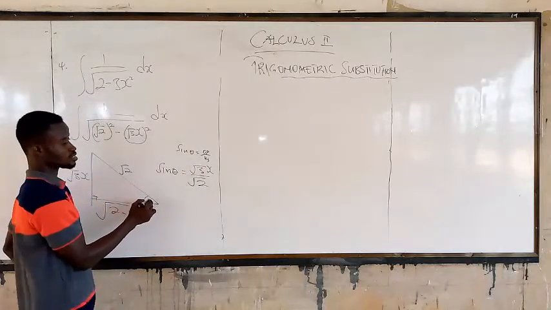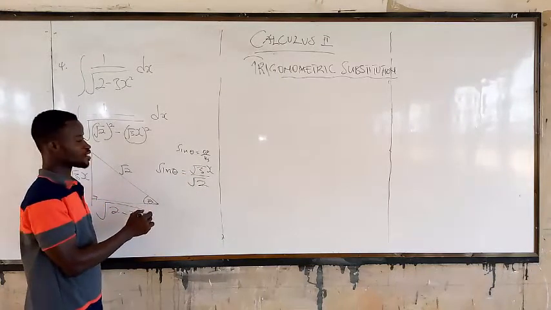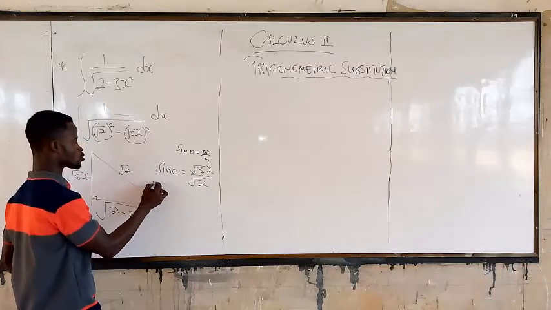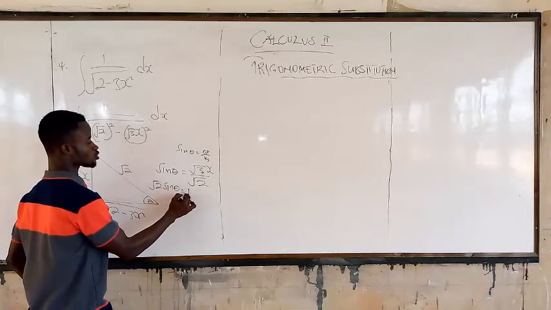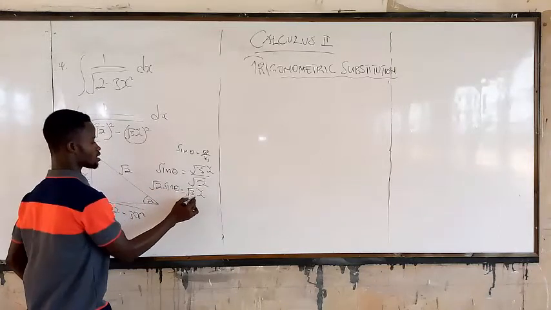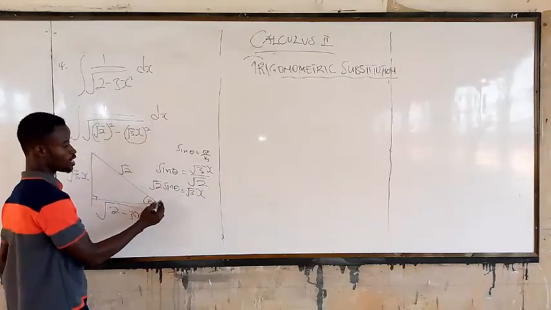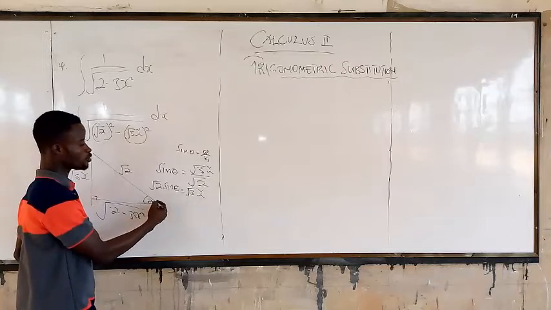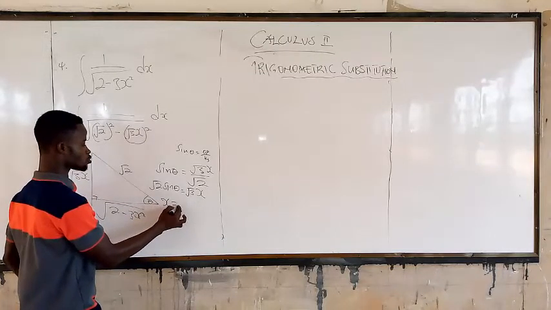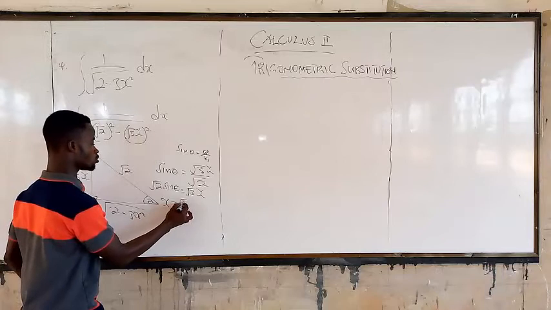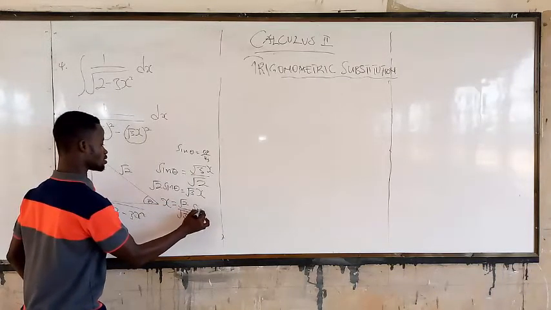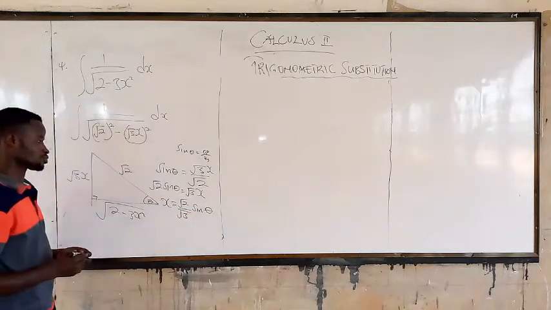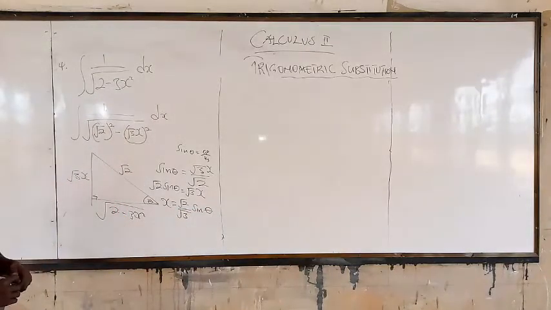So square root of 3s. And with this, when you make s the subject, then you differentiate. You get square root of 2 sine theta is equal to square root of 3s. Alright? And when you divide both sides by square root of 3, you get s to be equal to square root of 2 over square root of 3 sine theta. I hope you can see that.